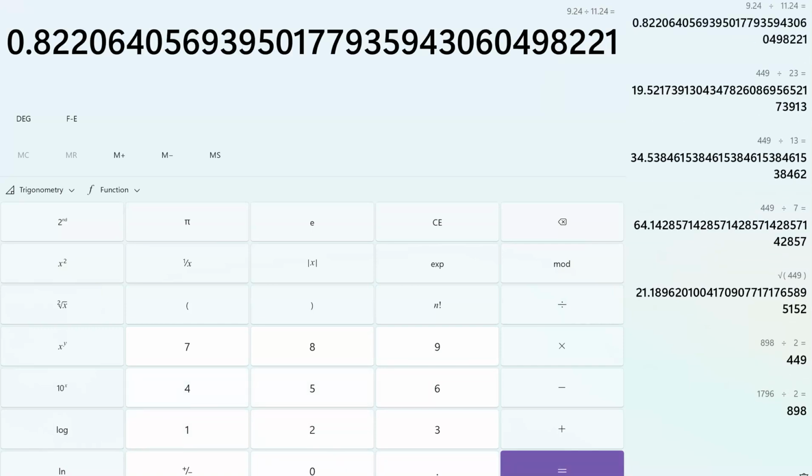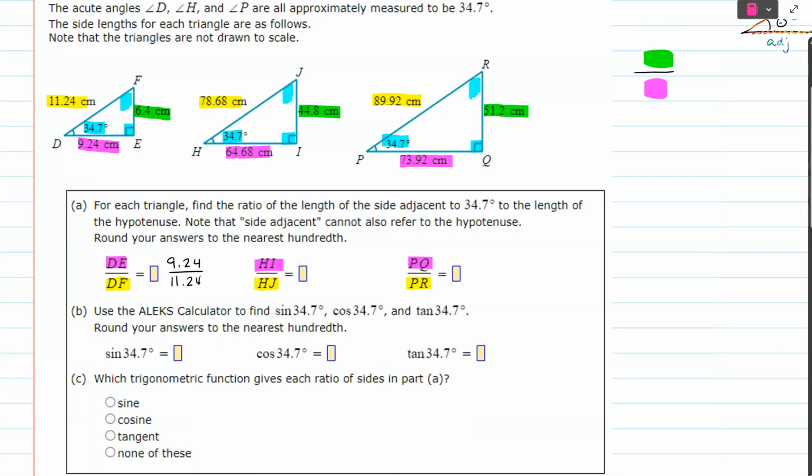That's going to give me 0.82206. And there were a lot more decimals on there. It's an irrational number, I'm sure.